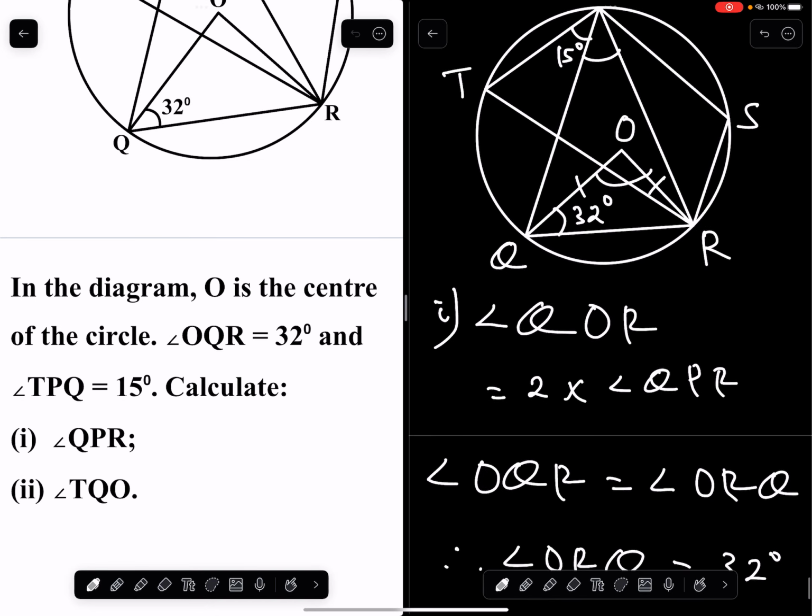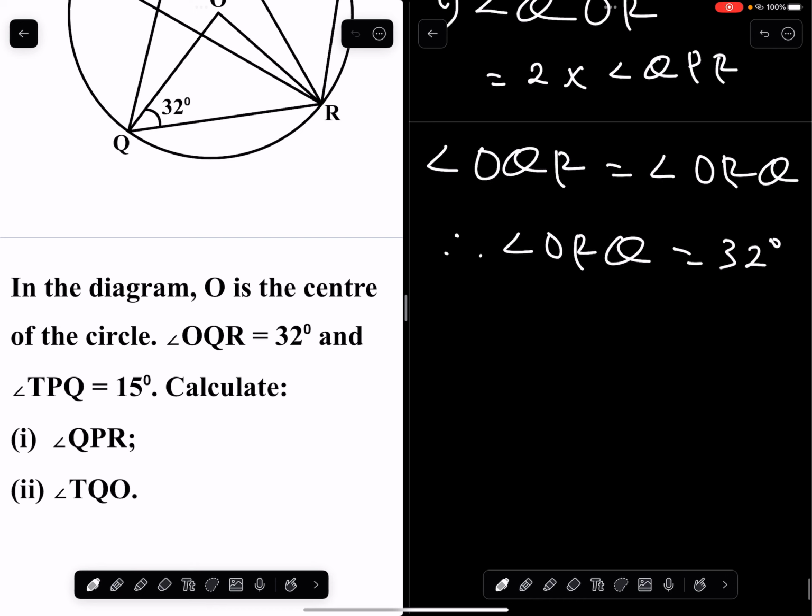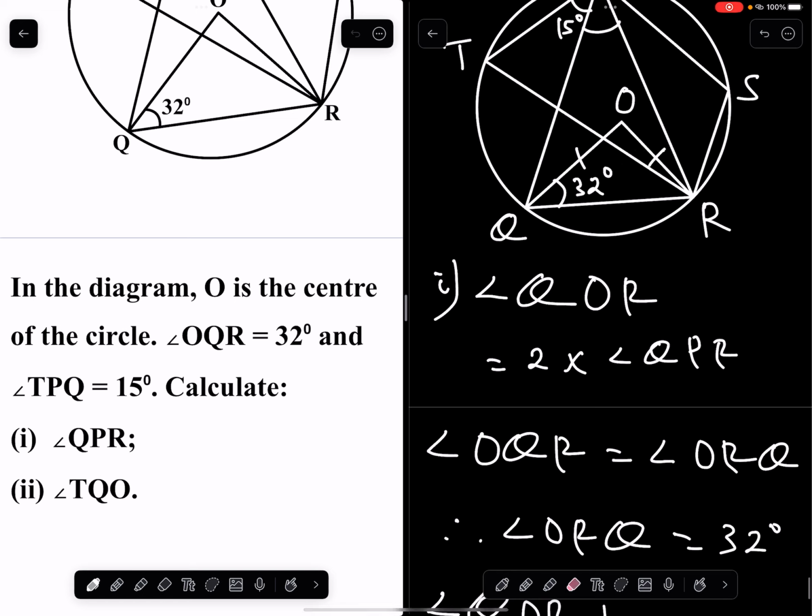Now that I know angle ORQ, I can find angle QOR. Angle QOR plus 32 degrees plus another 32 degrees is equal to 180 degrees. Let me make my diagram neater.